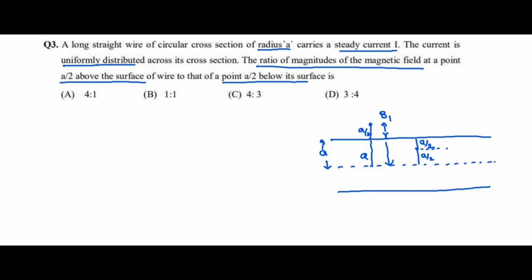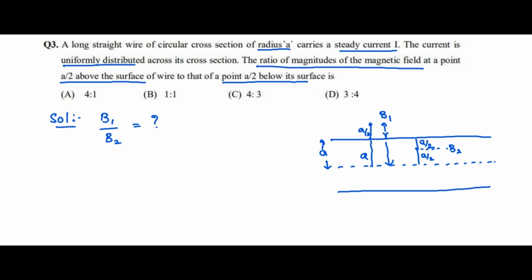We need to find out the magnetic field here. Suppose it is B2. Finally, we need to calculate the ratio of B1 to B2, the ratio of magnitudes of the magnetic field at the point A by 2 above the surface and below the surface.